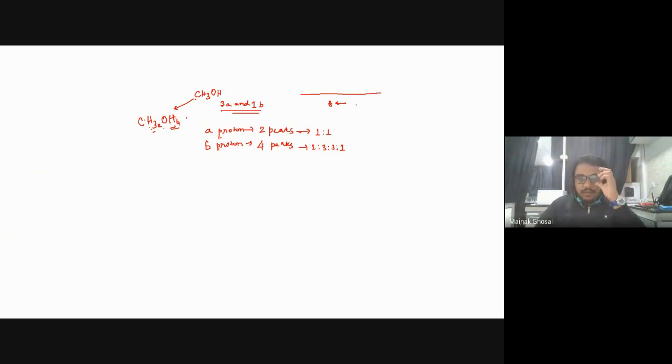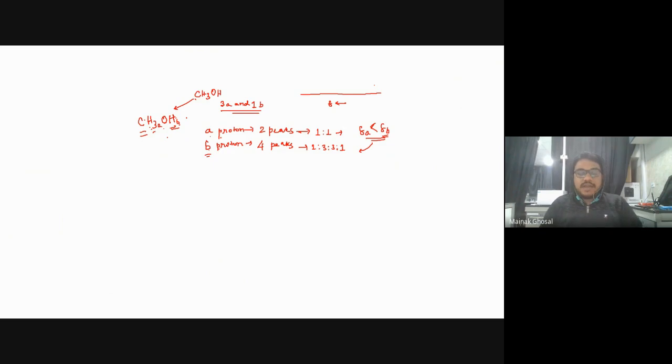This proton A is for CH3, and this B proton is directly attached to oxygen, which is much more electronegative. So delta of A will be less than delta of B. Why? Because whichever is more deshielded will have higher delta, and B proton is attached to oxygen.